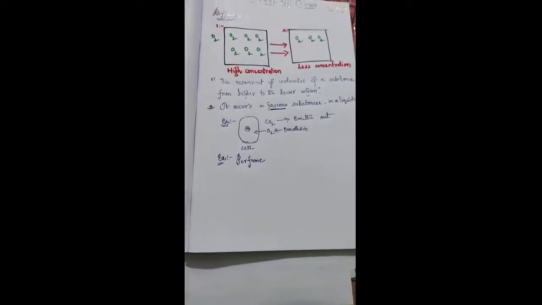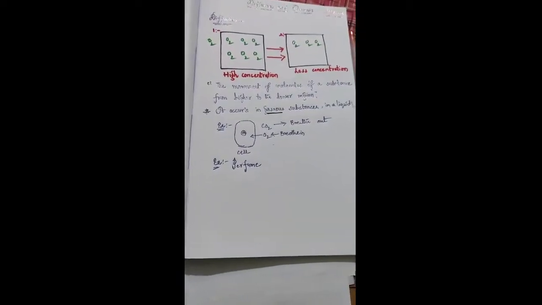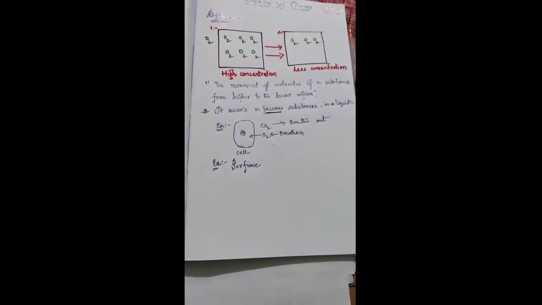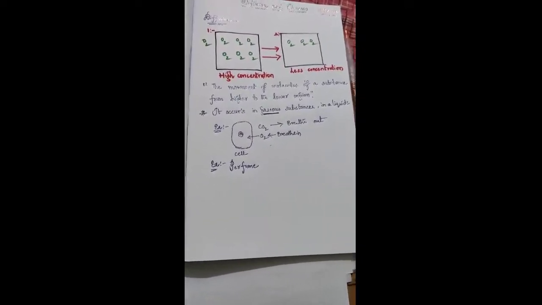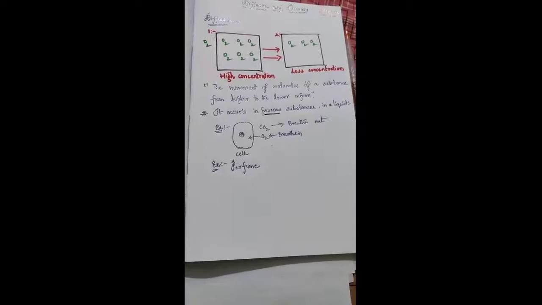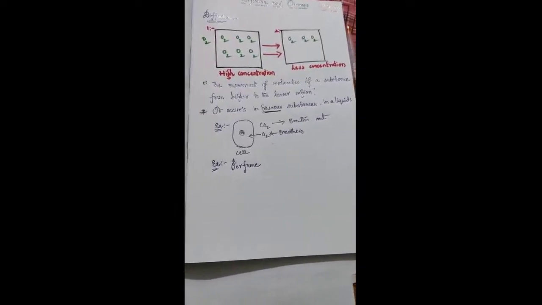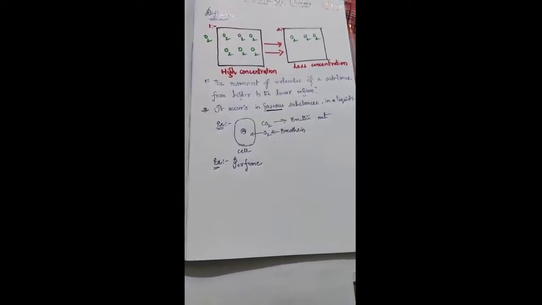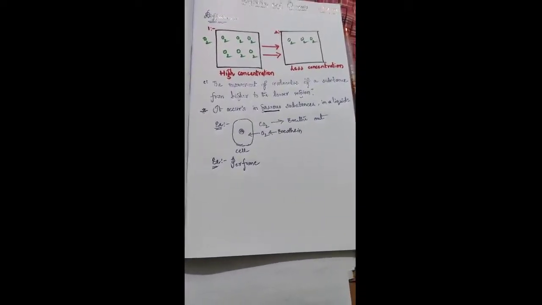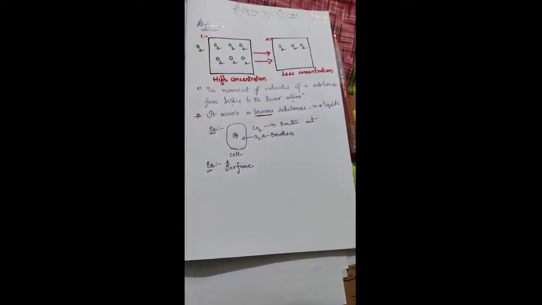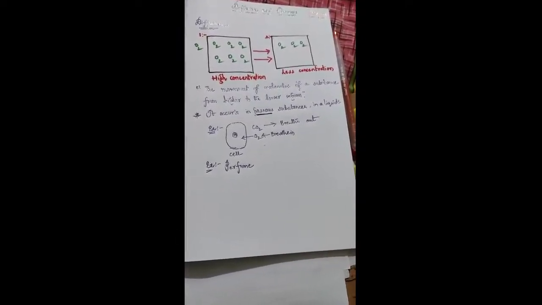When you use a perfume, the perfume bottle contains more amount of scent, some aromatic smelling substances, present more in the perfume bottle. When you spray the nozzle of a perfume bottle, what happens, it will move from higher concentration to lower concentration, and it spreads all over that place, isn't it?